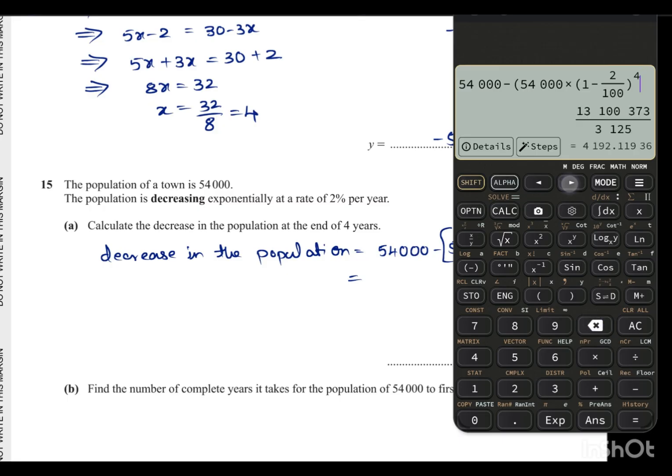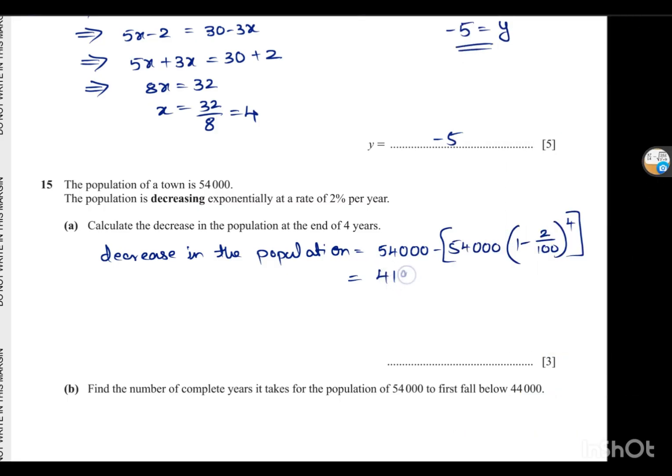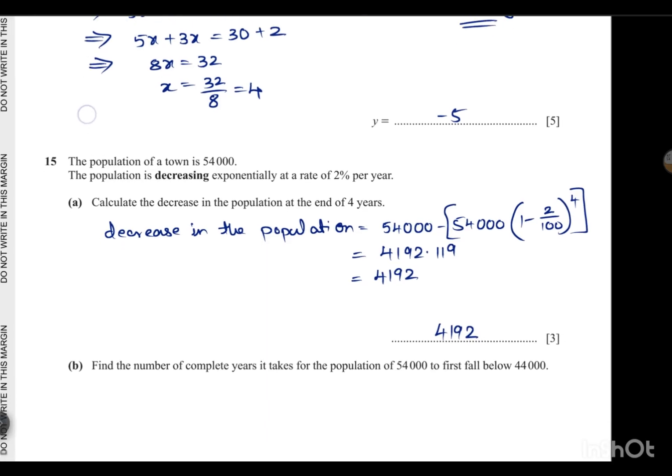We get 4,192.119. So you cannot write the population as a decimal, so you can write 4,192 as the population decrease here.